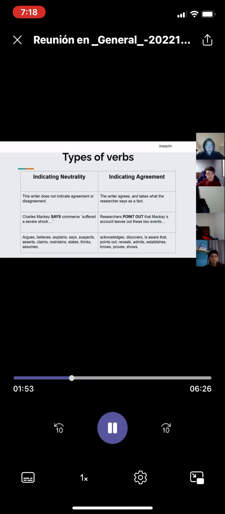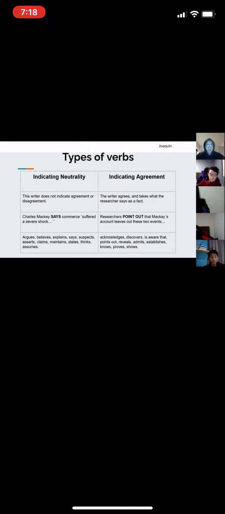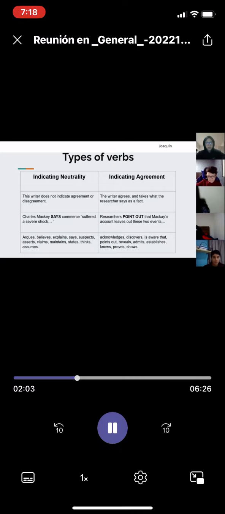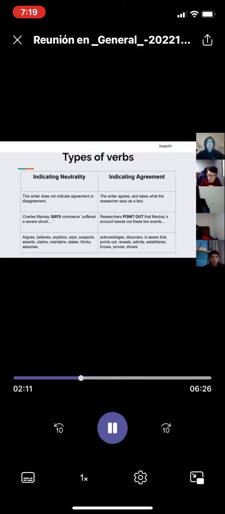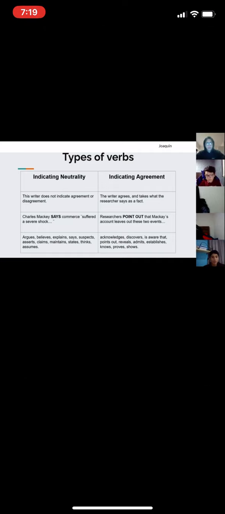As you can see, the word "says" does not have a posture. It's just merely informative. Some verbs that can express neutrality are believes, explains, says that, suspects, asserts, claims, maintains, states, thinks, assumes, complains, reports, and suggests.